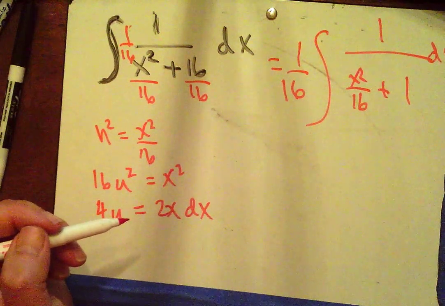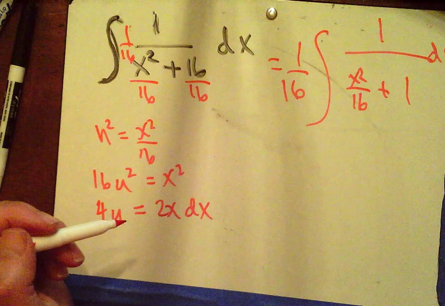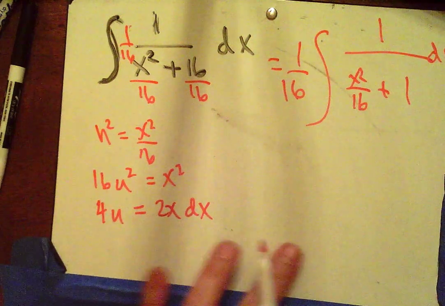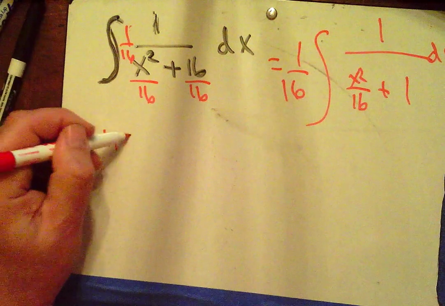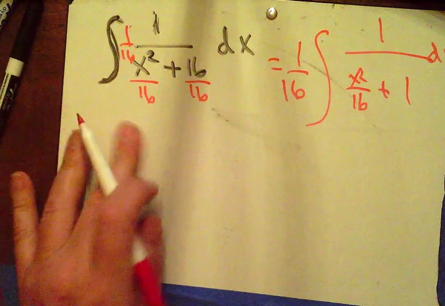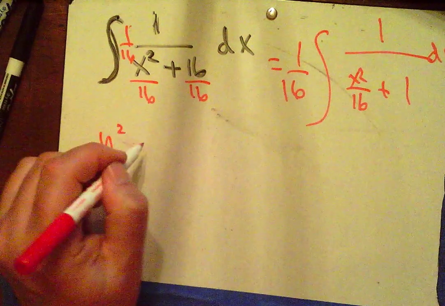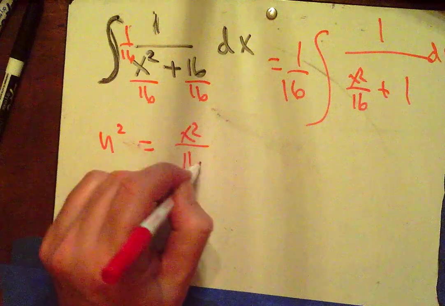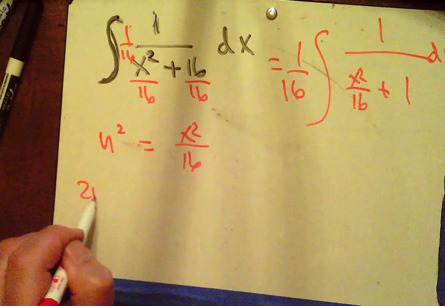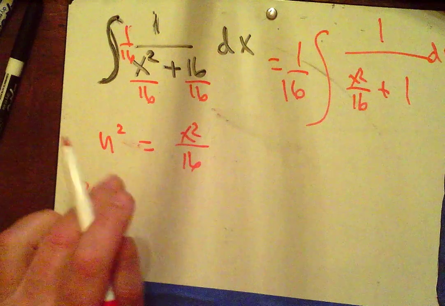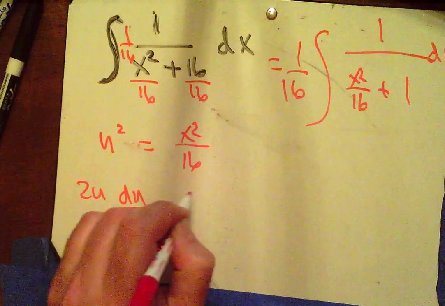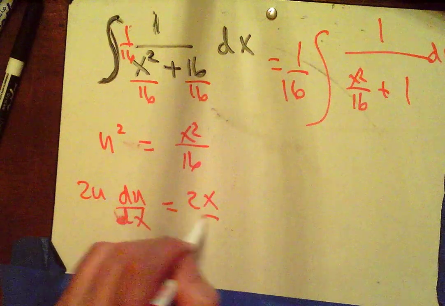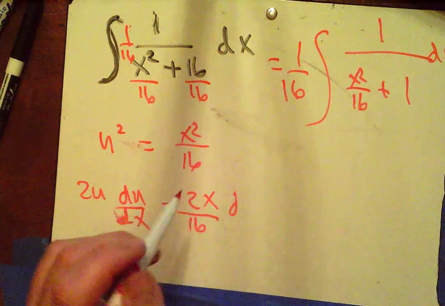That's not what I wanted. Oh, isn't that interesting? And here I had hoped it would work. Oh, wait, maybe I just forgot it. Okay, let me try again. x squared over 16. The derivative here, there we go, 2u du dx equals 2x over 16.